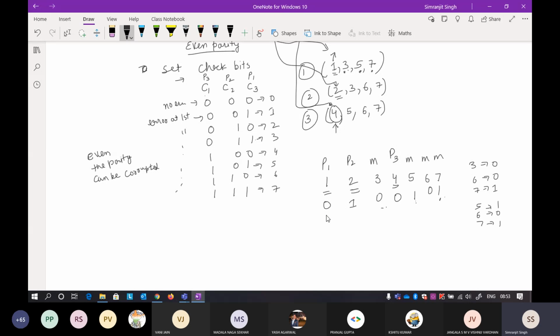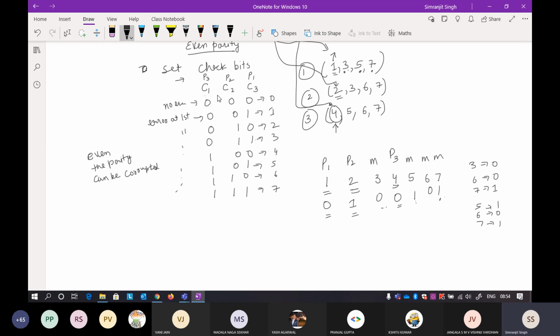So how to set the parity bits? It is just to make the parity even, by checking every individual parity at the locations already figured out by this method. This is called the check bits method, or the parity bit method.